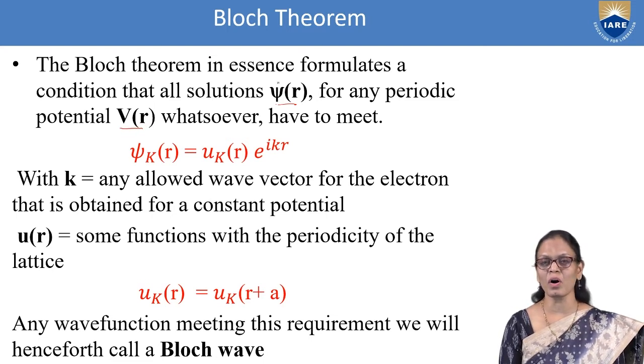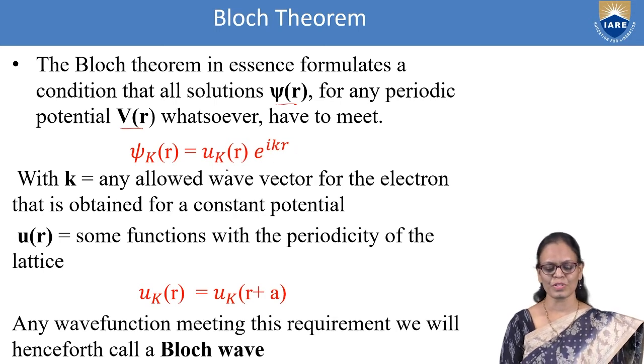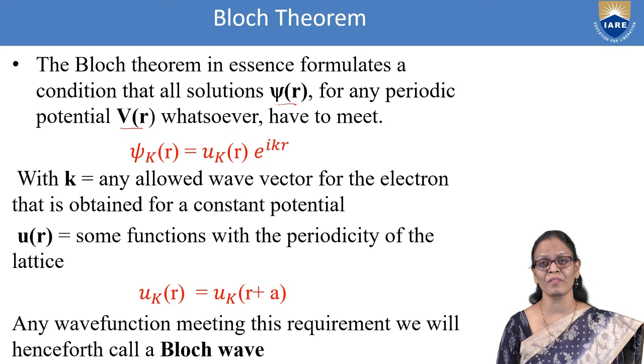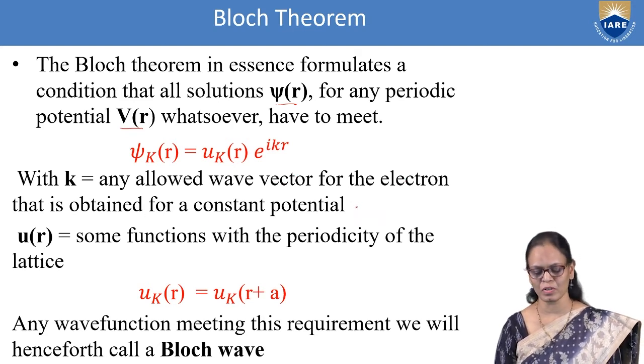All these wave functions have to satisfy this condition because the positive ions are arranged in a periodic manner, and they are experiencing a periodic potential. So they should obey this condition, where k is the allowed wave vector for the electron, obtained from the constant potential.